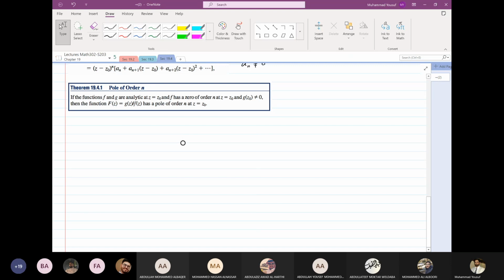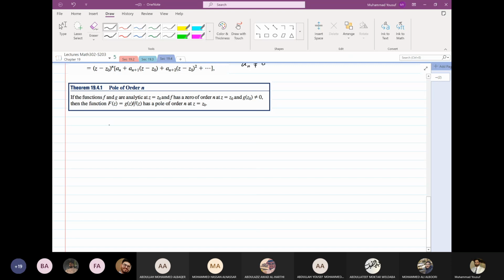Okay, that makes sense. Pole, not 0, pole. That is, 0 of the denominator is the pole of the whole function.